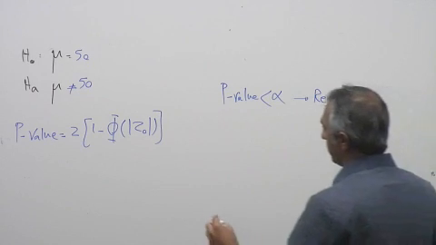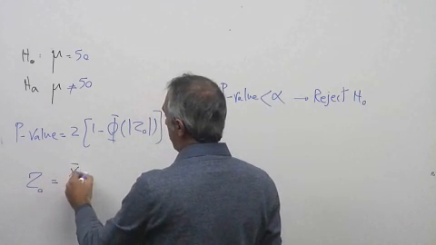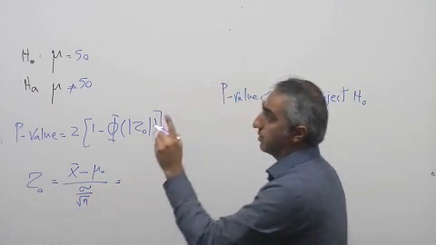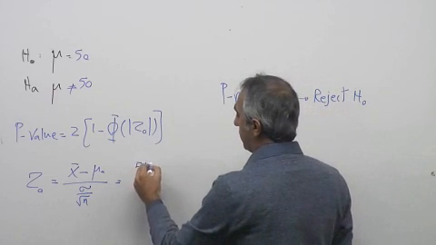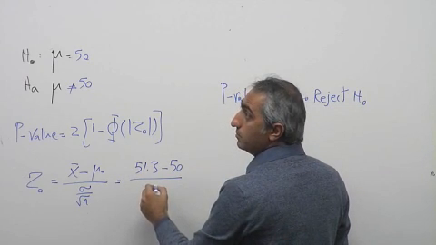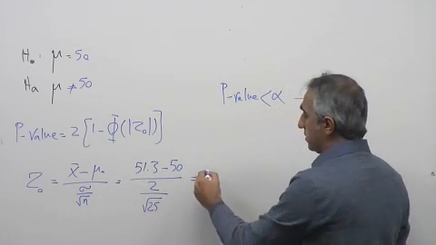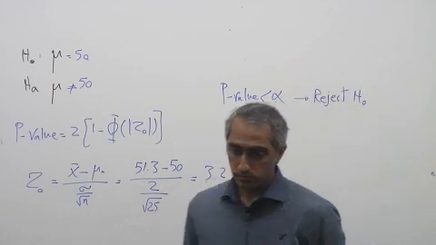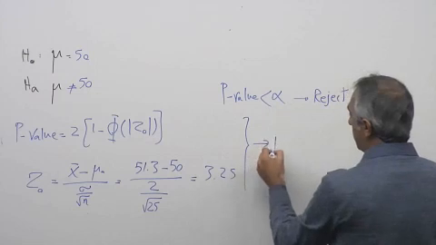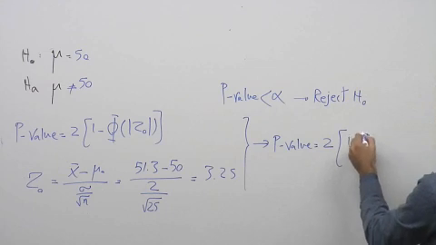Okay, so for the p-value, we need to first find the observed statistic, which is x bar minus mu 0 divided by the standard error. In this case, our x bar is 51.3 minus 50, divided by 2 over the square root of the sample size, 25. And this gives me 3.25, I guess. Is that correct? Yeah. So the p-value is 2 times 1 minus phi of 3.25.